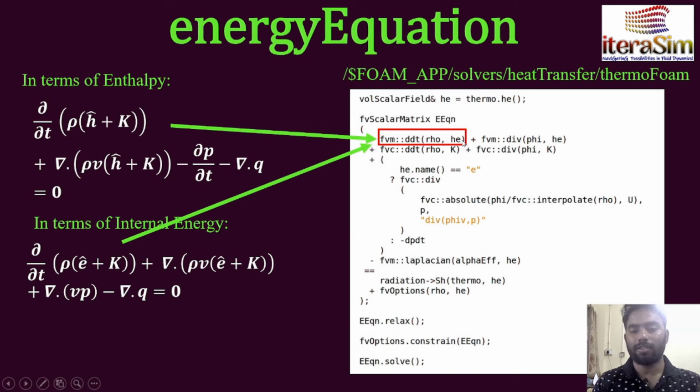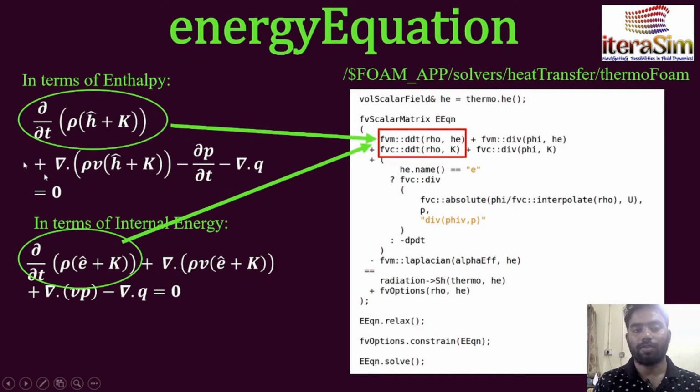Once it is clear that h is equal to either E or H, this term is related to the enthalpy or the internal energy. When we combine these two terms, that is, del upon del t of rho h plus K or del upon del t of rho e plus K, these two terms are related to the transient term.